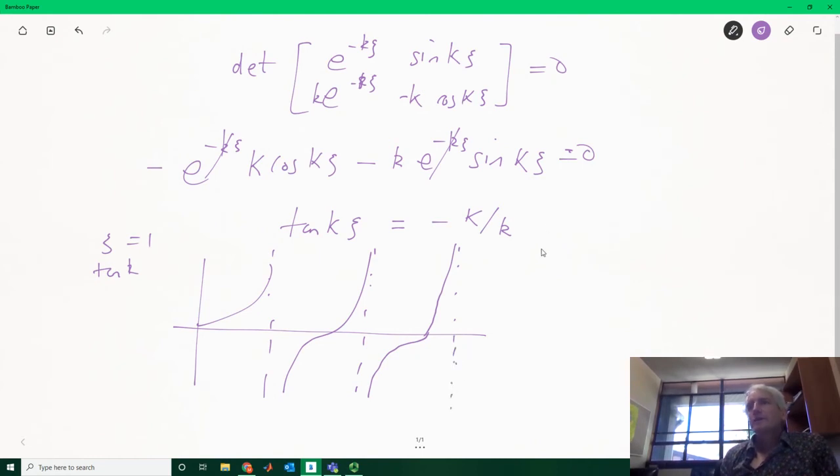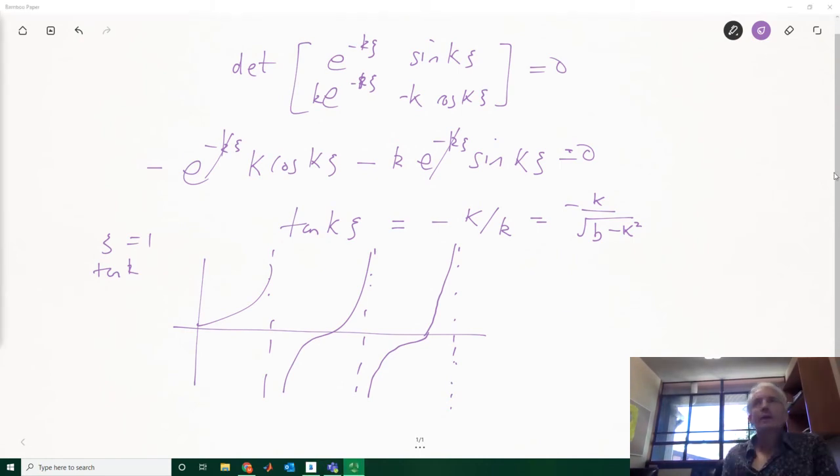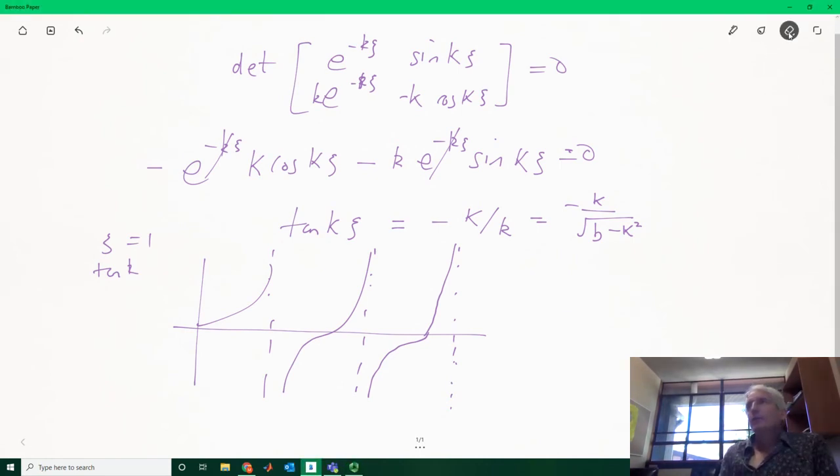Okay, as always, we can write this as equal to minus kappa over the square root of b squared minus kappa squared. Okay, so what does that equation look like? So let's draw a picture of it.